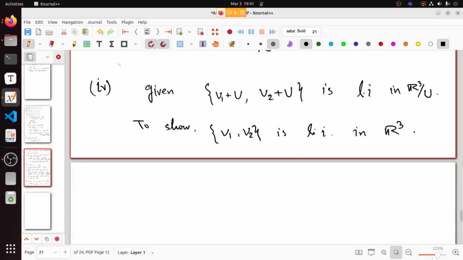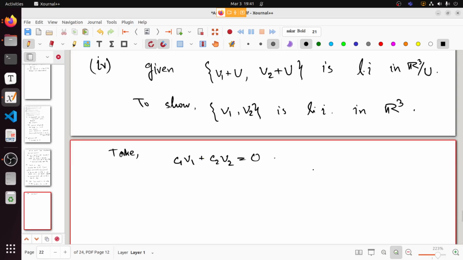So let's take the linear combination. C1 V1 plus C2 V2 is 0. So we have to show C1, C2 is 0. Then if we add U, if you add some element of U, it will look like this.